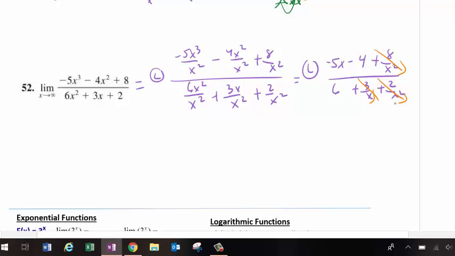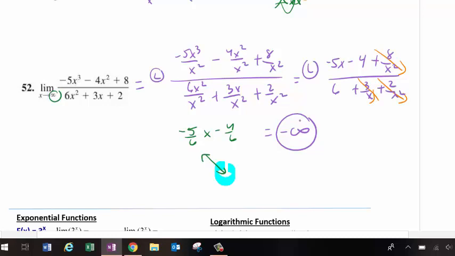So we say to ourselves, and if I'm going to write the idea down, I'm actually saying negative 5/6x minus 4/6. What happens to that? I'm looking as I plug in a bigger and bigger x value. This is a linear line. It has a negative slope, so it's going down as I go to the right. I didn't even have to sketch that. As long as you know the definition of a slope, with a negative slope it is going to go down as I'm going to the right, because that's what I'm looking for right here. So my answer here should be negative infinity.